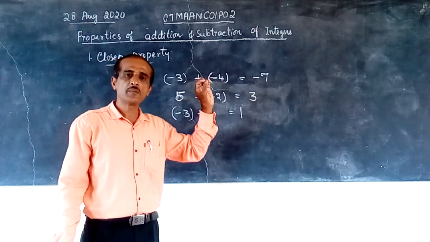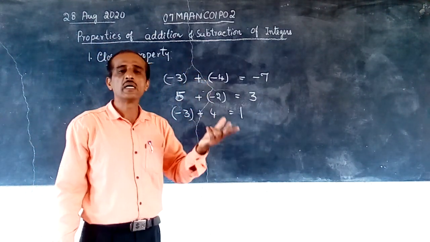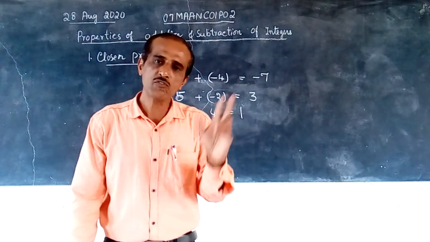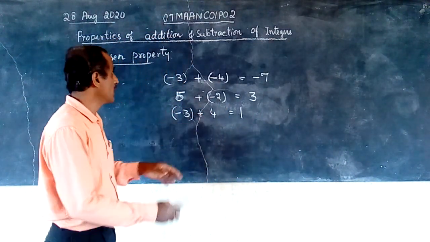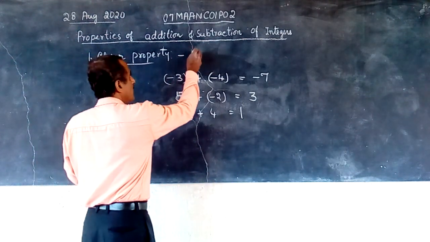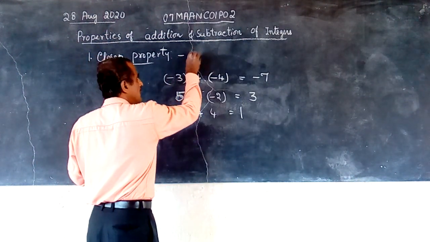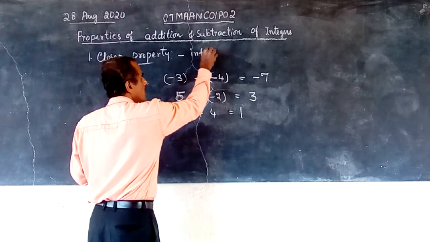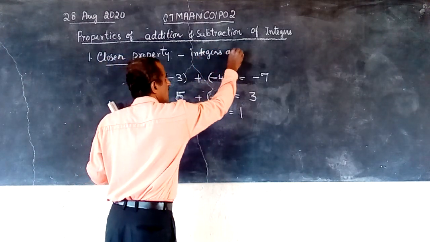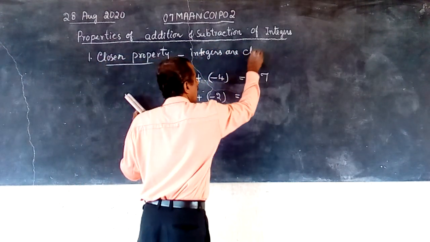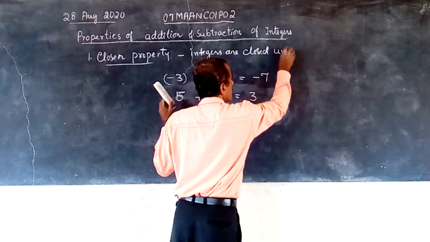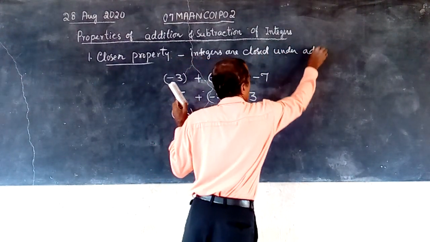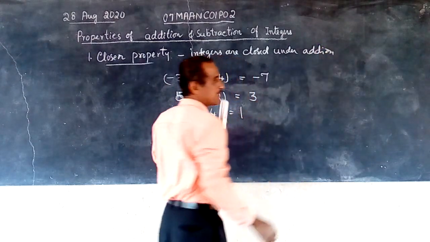So, closure property means if two integers are added, the sum is also an integer. Therefore, integers are closed under addition. Now, what about subtraction?